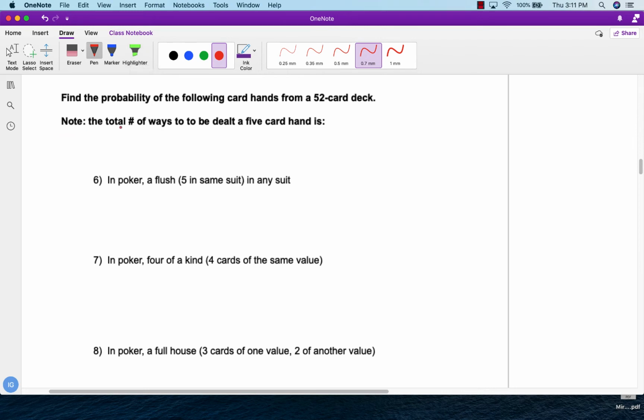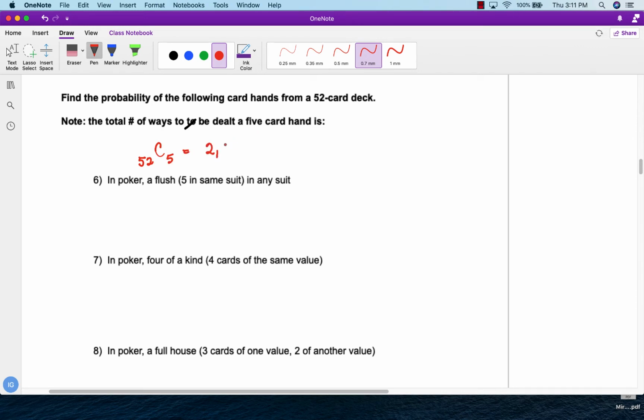It says note the total number of ways to be dealt a 5 card hand is, okay, so this is talking about, remember before we said if there's 52 cards and I'm choosing 5, what's the total number of ways that I can do that, right?